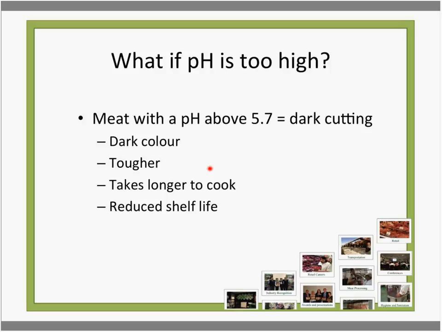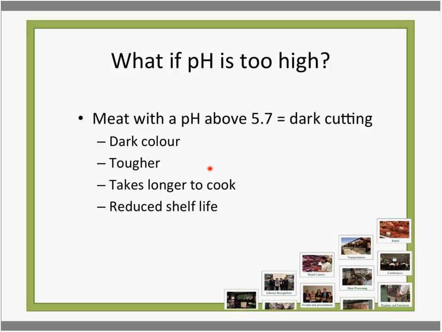But also, if the product hits the right parameters, it's got a lower pH, which is also more acidic. And that more acidic product, though it's only slight, we're talking 0.2, 0.3 of a pH scale, means the product has reduced microbial growth.